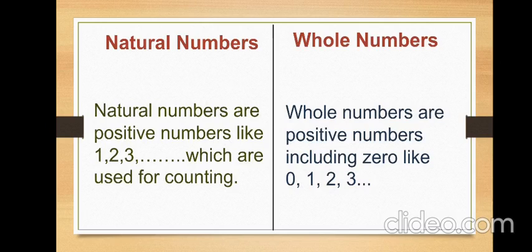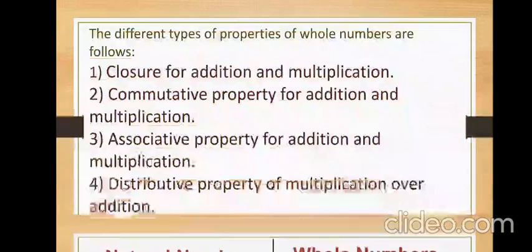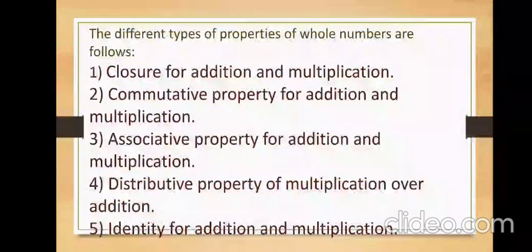That is 0 plus natural numbers. 0, 1, 2, 3 are whole numbers. There are some properties for whole numbers. They are closure property, commutative property, associative property, distributive property and identity.